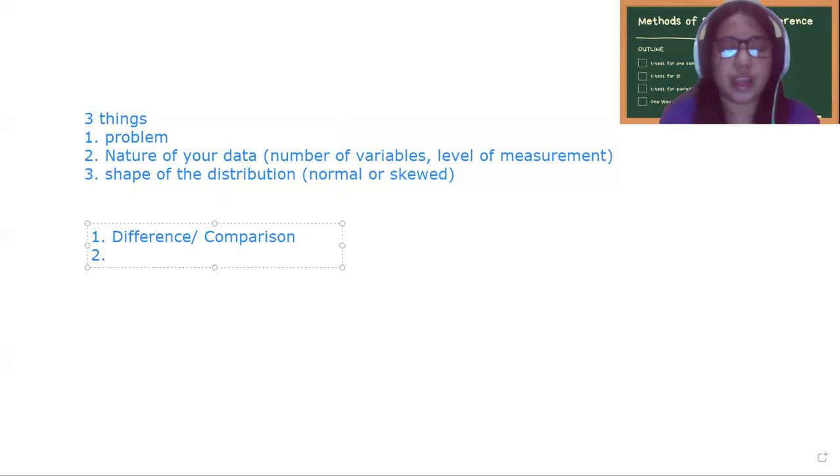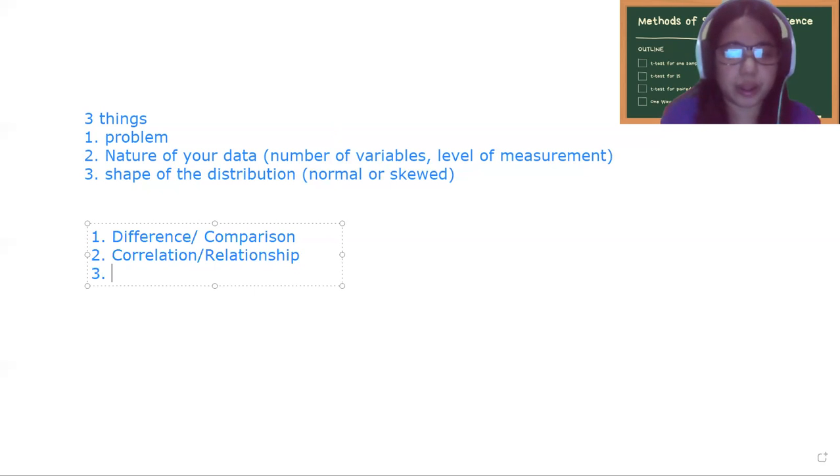Number two, is your problem about determining a relationship or correlation? Number three, determining possible predictors, or if there are significant influences?